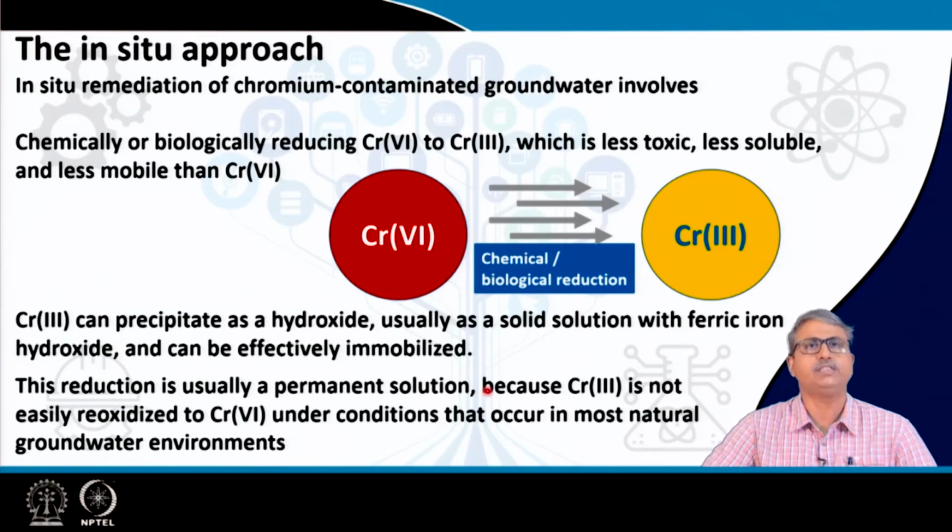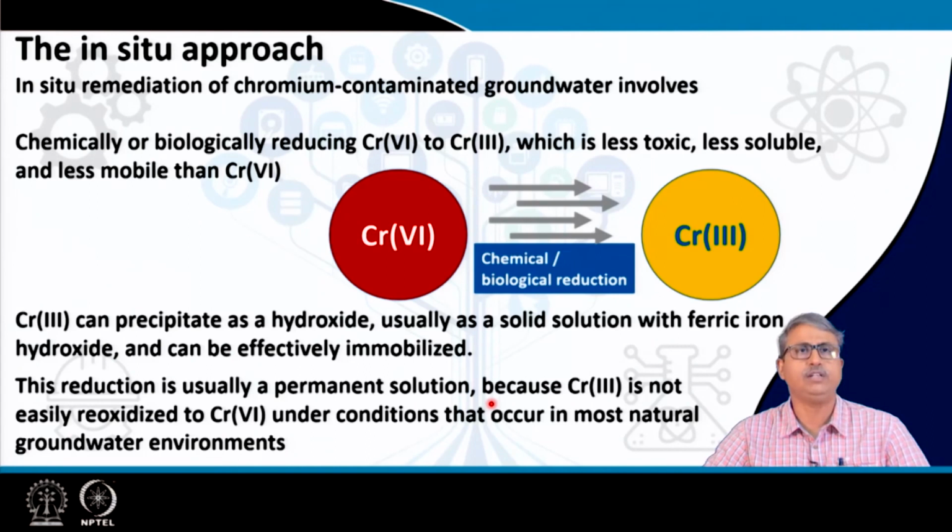Now, this reduction is usually a permanent solution, because chromium 3 is not easily reoxidized to chromium 6 under conditions that occur in most natural groundwater environments. So, the reverse reaction is possible, but not feasible under the prevailing groundwater conditions.